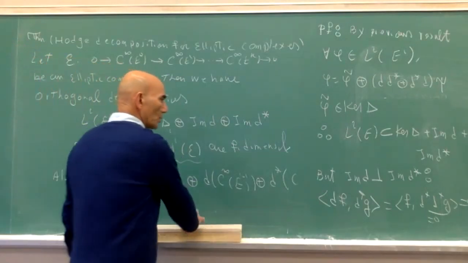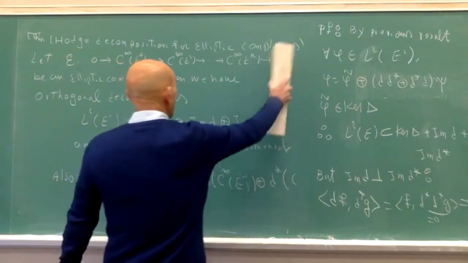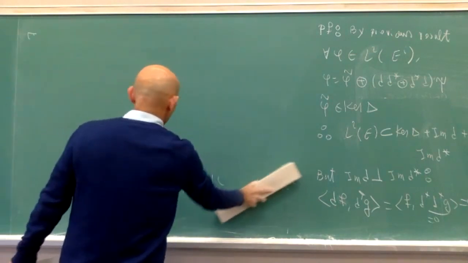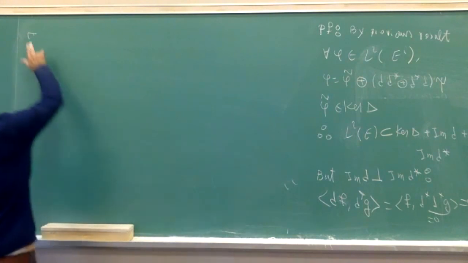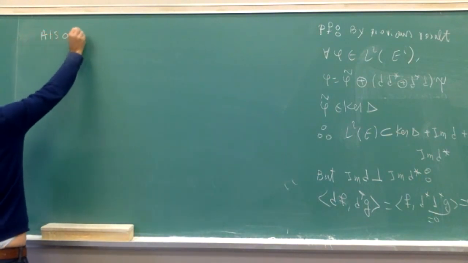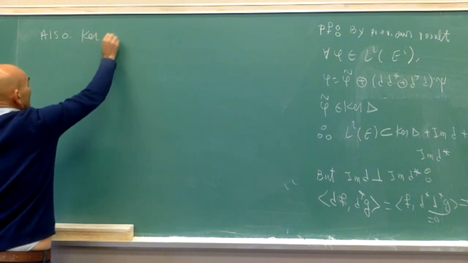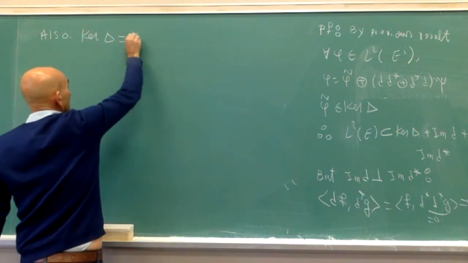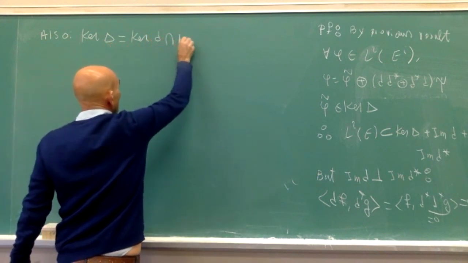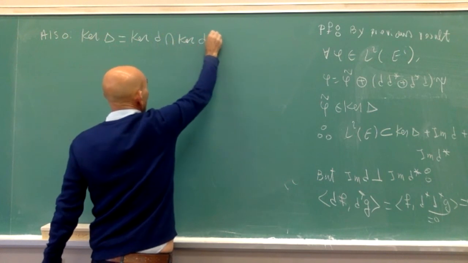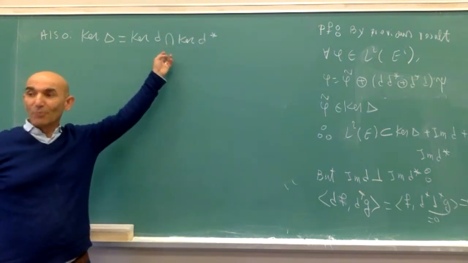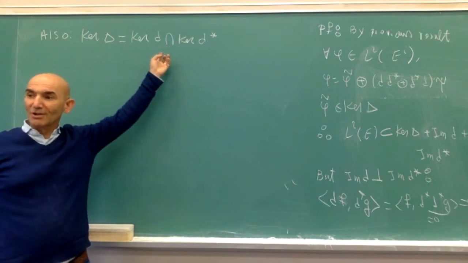Okay, and of course, one thing about this statement, let me write it like this also: the kernel of the Laplacian is equal to the kernel of D intersection the kernel of D star. Remember, we had this for the toy model, for the baby Hodge decomposition.